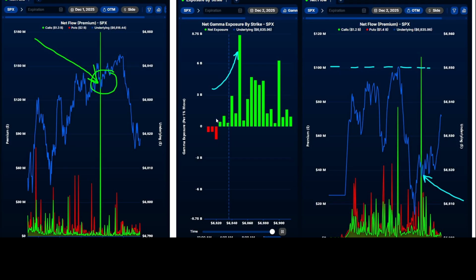Here another example, the price will try to go and this bar acts like a magnet. Here another spike example. In this case was 100 million of option position. The price starts to make higher high, higher low, other higher high.